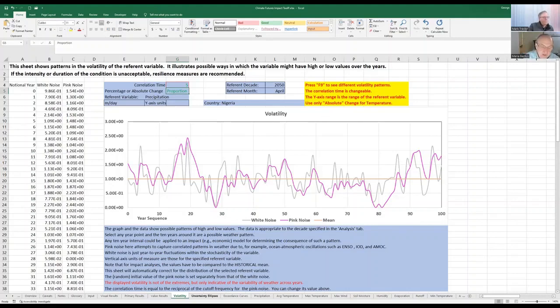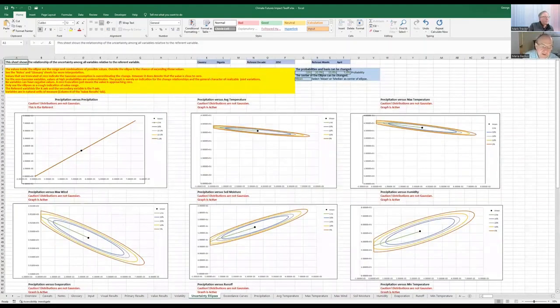So here's the ellipses. I'm going to make this a little smaller. Well, make sure it's big for now. So this basically takes each variable by itself and shows the relationship of one variable to the other as if it was normally distributed. It's really tough to do this with the other distributions, but it's still pretty good when it's out on the edges.